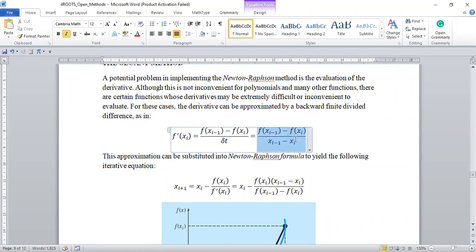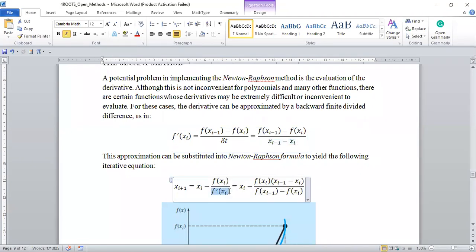We derive this from Taylor's series. And this is the value of the function at the previous value of x. This is the value of the function at the current value. And this is x at the previous value, and this is x at the current value.